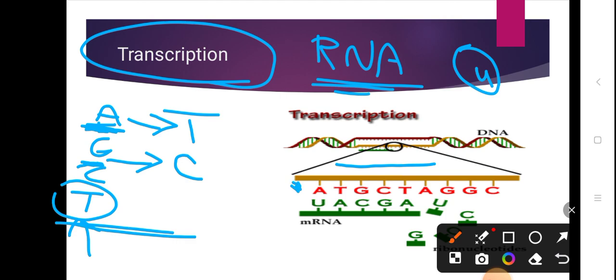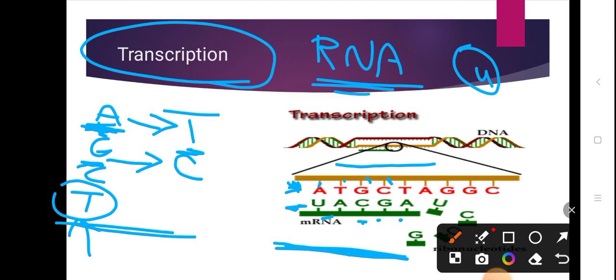Adenine pairs with thymine in DNA, but here we are forming what? We are forming RNA. So what is the complementary one for adenine? Uracil. Thymine, adenine. Guanine, cytosine. Cytosine, guanine. Thymine, adenine, okay?